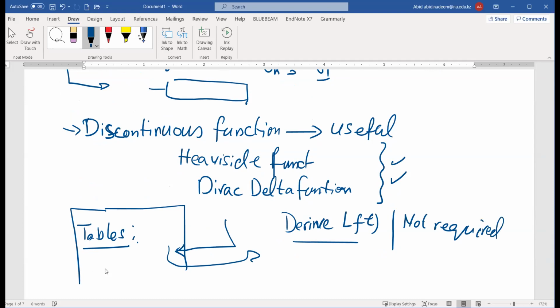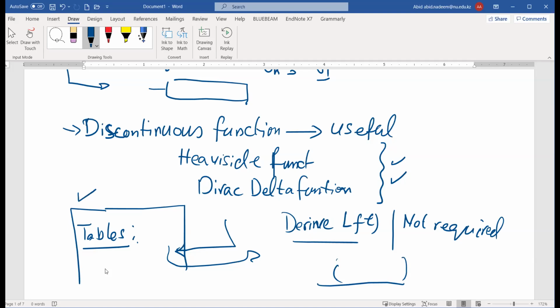For the basic functions, the Laplace transforms have already been derived. So we just have to use those Laplace transforms from the table, and then transform them back into our final function for the answers. The tables are available in the book.